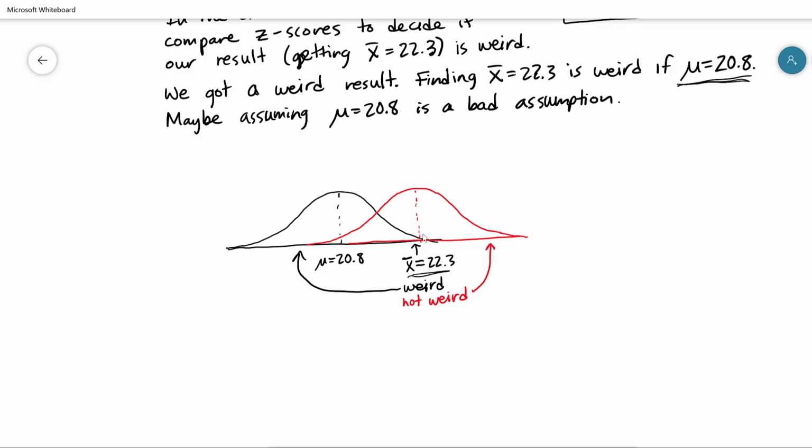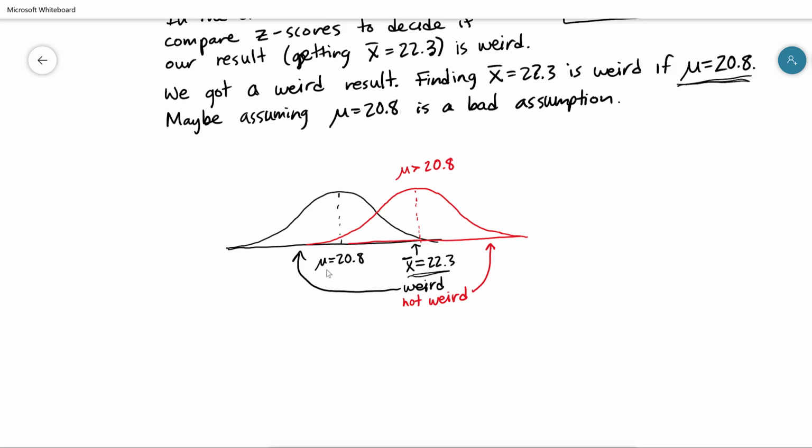and it's not weird. But if we assume the red one is true, then what do we know about the value of mu? I don't know exactly what it is, but how does it compare to this 20.8? Well, it's definitely further to the right, meaning it's definitely greater than 20.8.